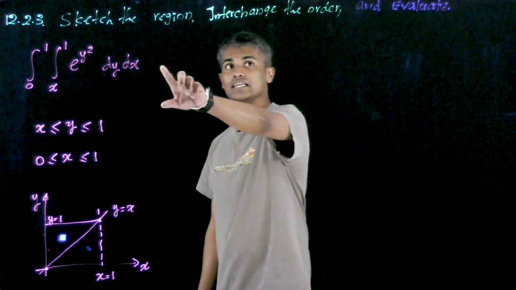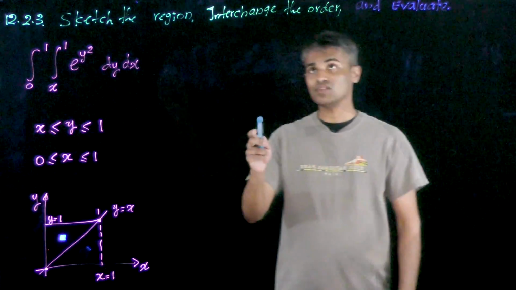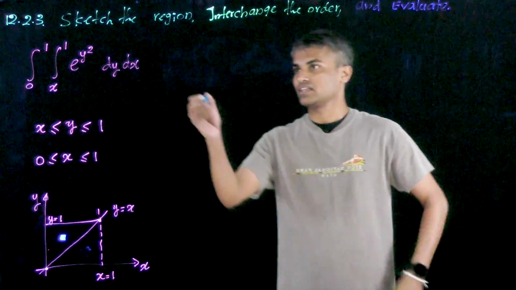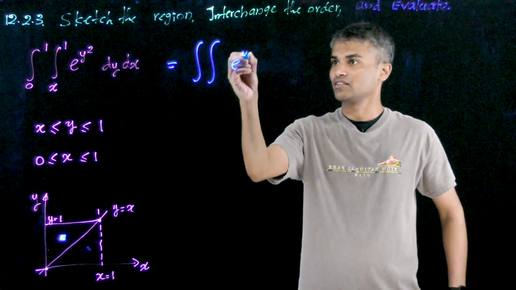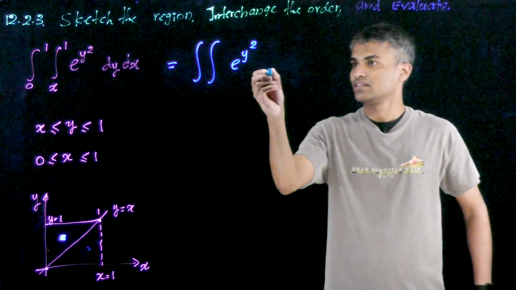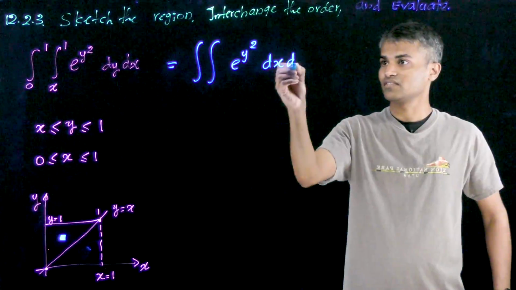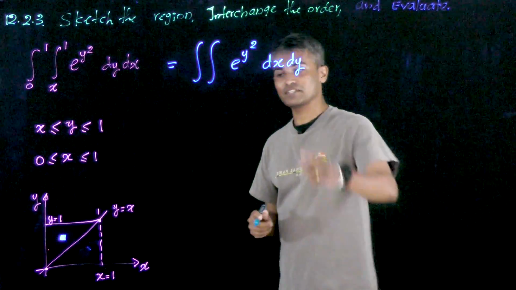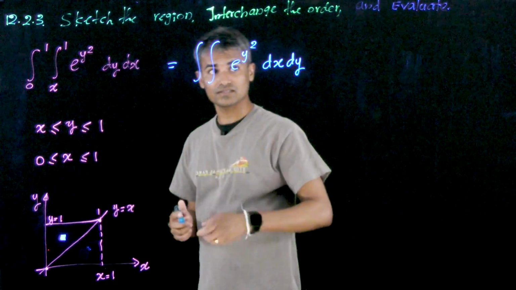Now, let us interchange the order of integration. We want to reverse the order of integration, so we want to write this integral of e to the y squared, now with dx dy. Let us figure out the limits of this outer integral, because these two limits must be constants.